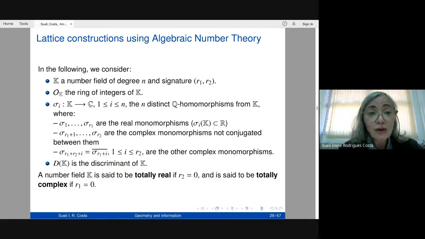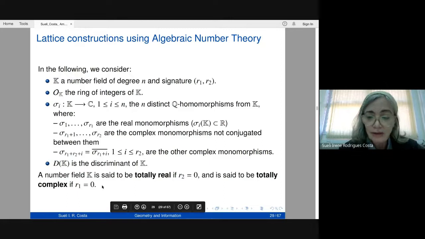We are going to use the map from K to C^n, connecting all these homomorphisms. Usually we divide this into real homomorphisms and complex homomorphisms, and each time we have a complex homomorphism, its conjugate is also part of these n distinct homomorphisms, right?